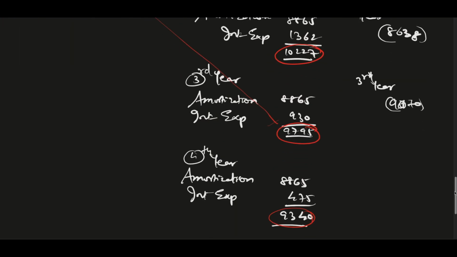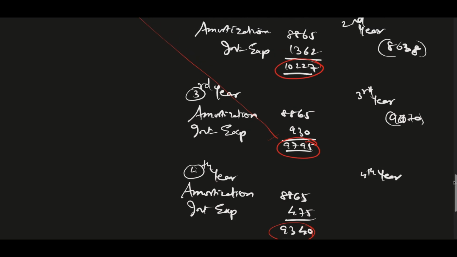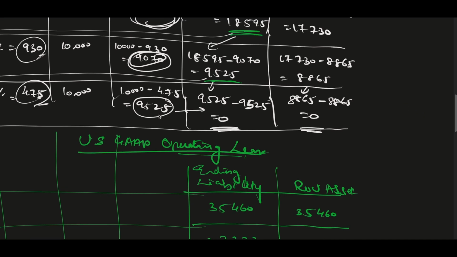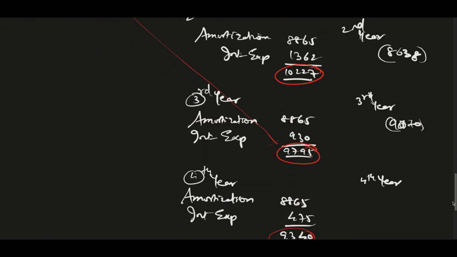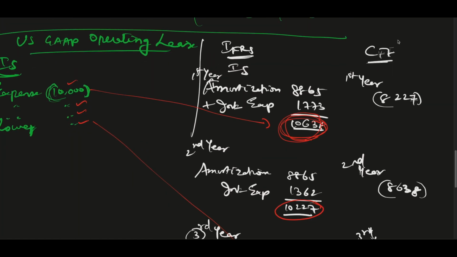And for the fourth year it is 9525. Because I'm showing all this under CFF, my CFF will go down. So my CFF will be lower.